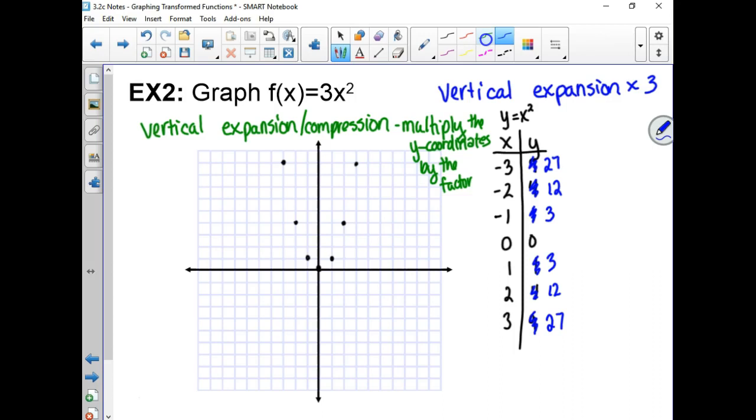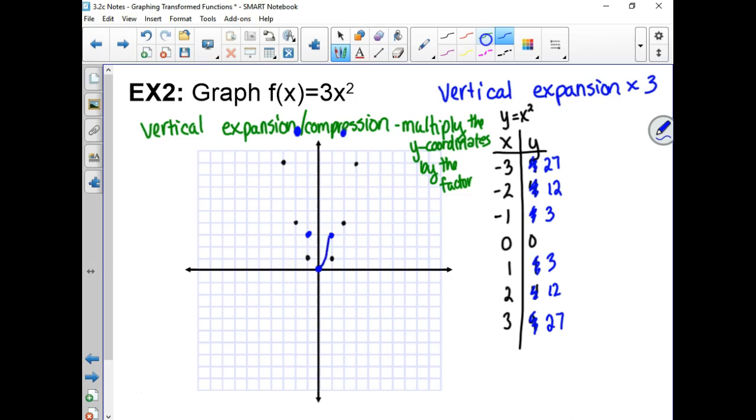So negative 3, 27, I can't graph. Negative 2, 12, I'm going to put right up here. It goes off of my graph a little bit. I've got negative 1, 3. I've got 0, 0. I've got 1, 3, and 2, 12.